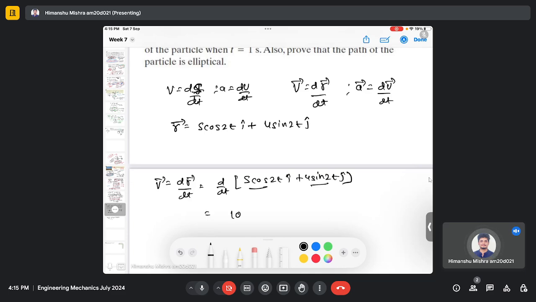So it will be minus 10 sine 2t, this is the x component, plus 8 cos 2t, this is the y component. So this will be my velocity vector.